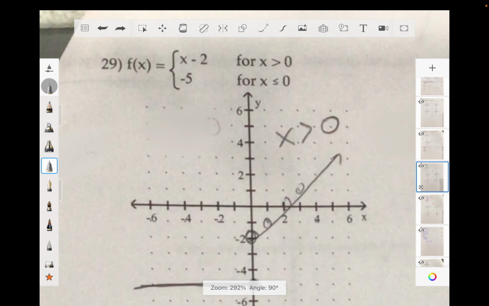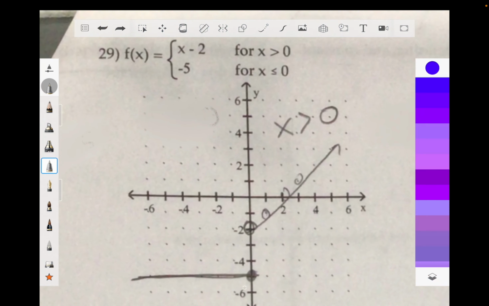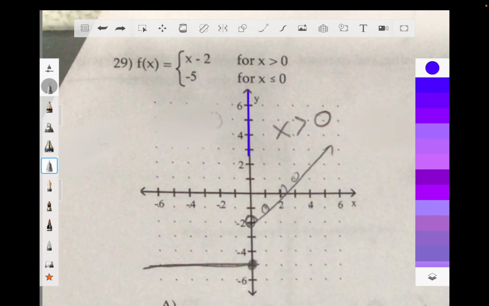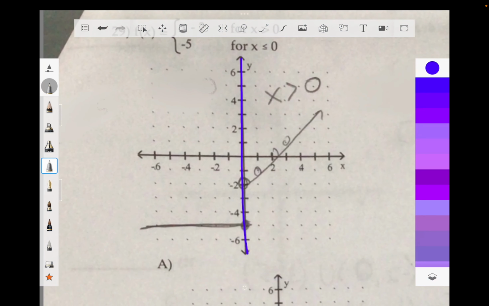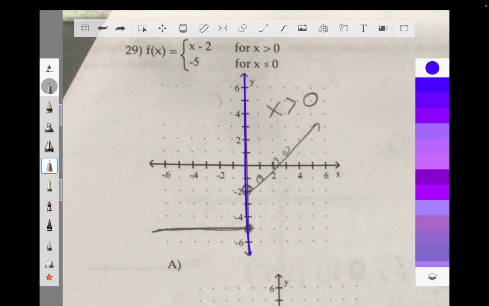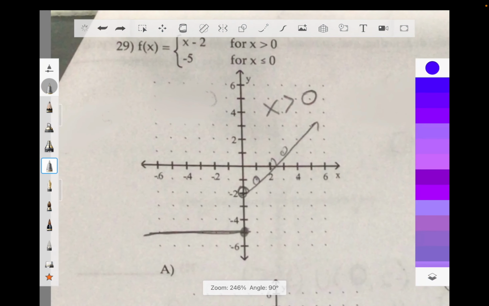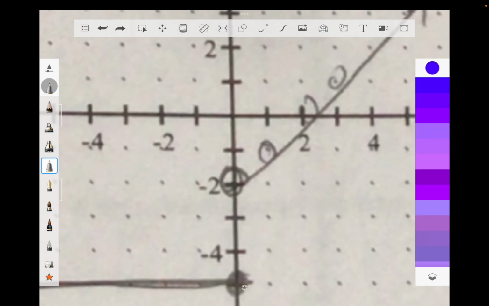So when x is greater than 0, this is going to be our line, because at this line it's going to be 0. Our y-intercept is -2, so we could just put a circle here already.